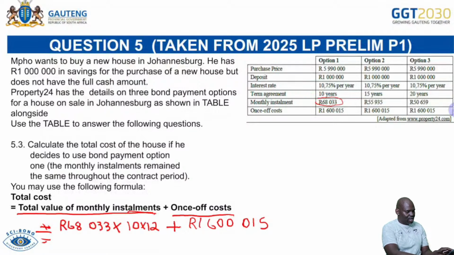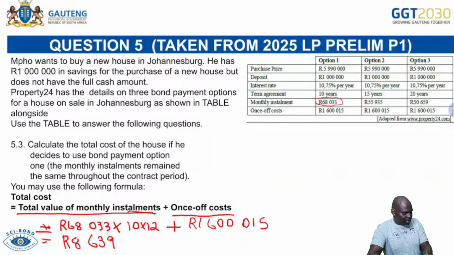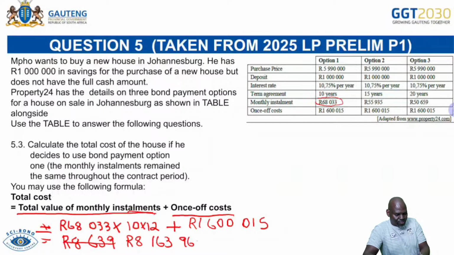So in this case, I get 8 million. So it must be 8,163,960. And then I still have to add it with 1,600,015.